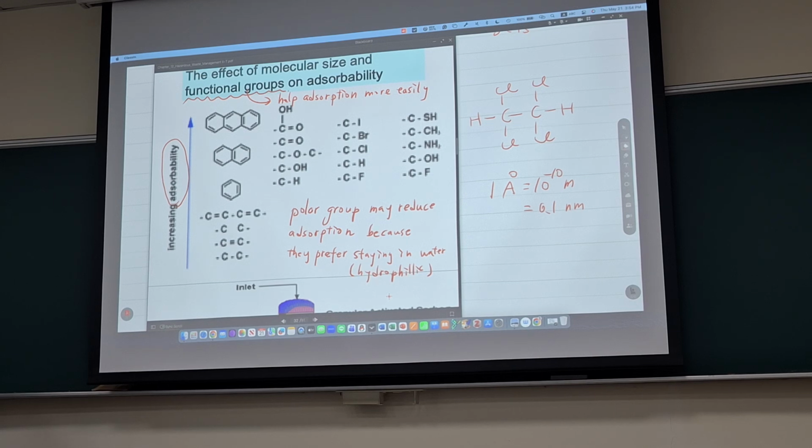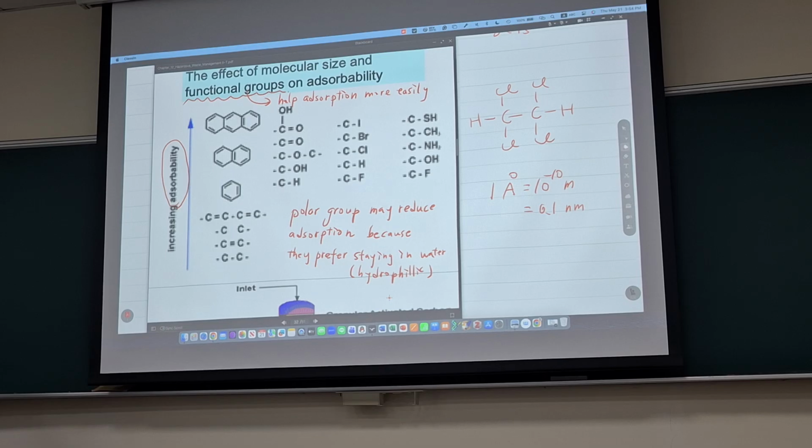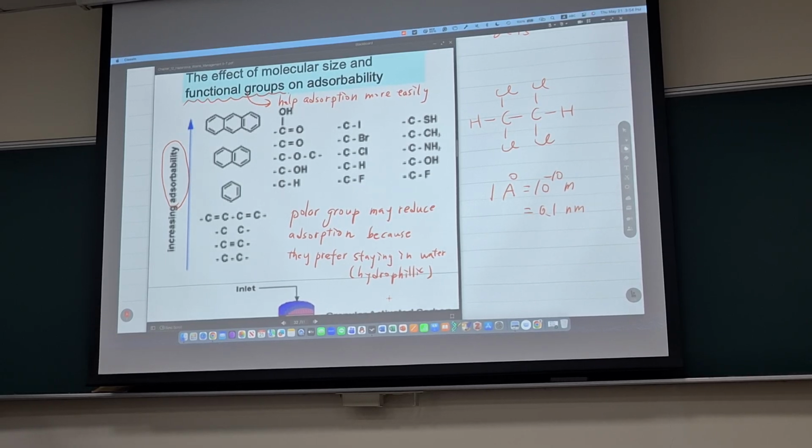So by modifying the functional groups on the surface of the pore, you may reduce or increase adsorption.